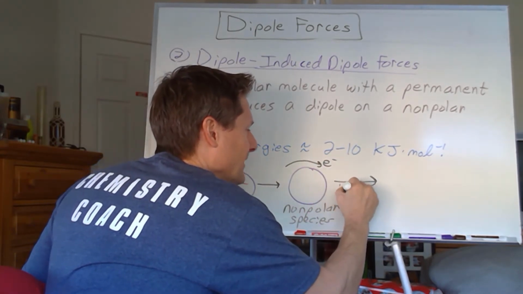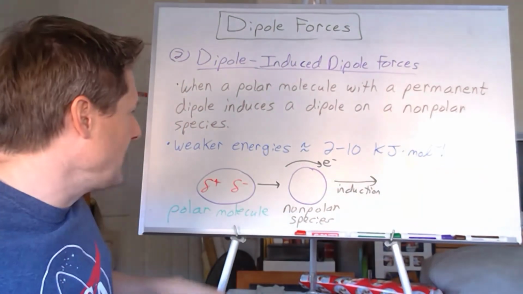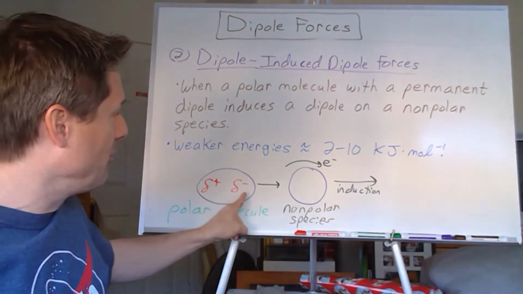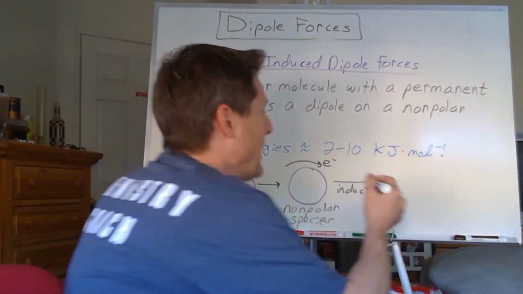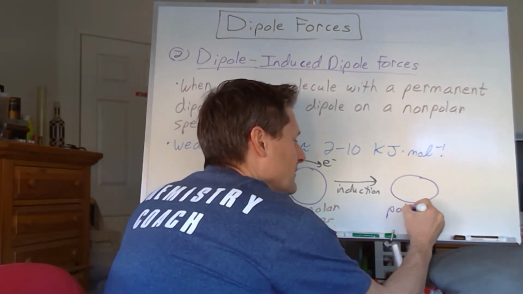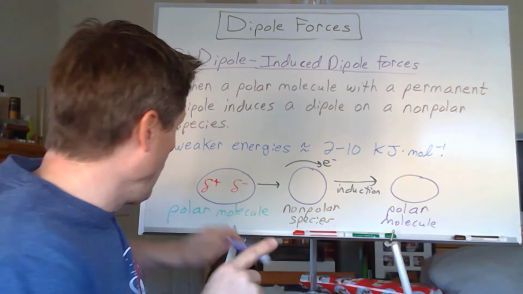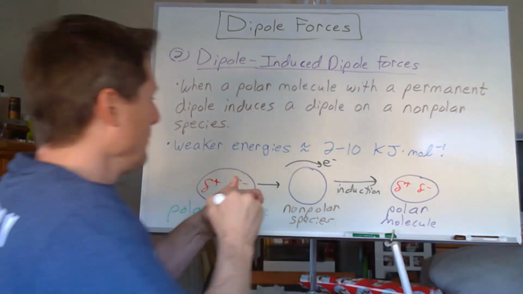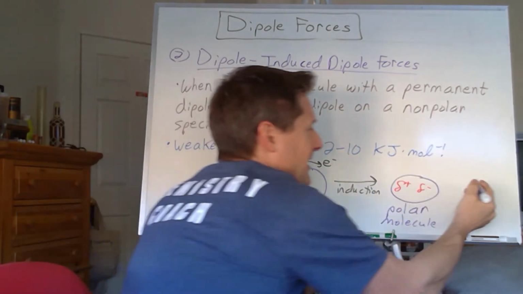Right? That's that induction process. That's why it's called induced, right? It induces a dipole. So as that approaches, this negative side pushes electrons. Now, if we flipped this, the positive side here would pull the electrons this way. And it's going to distort that electron cloud. So now you've got the polar species, right? So here's our polar species with a permanent dipole. But we just distorted the cloud on this nonpolar species, and we're pushing electrons to the other side.